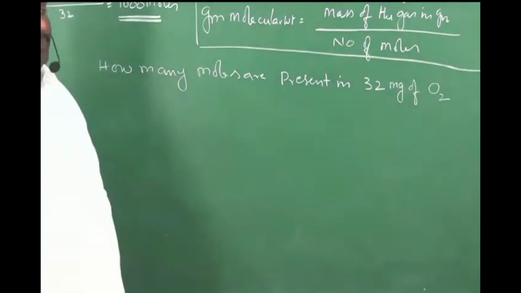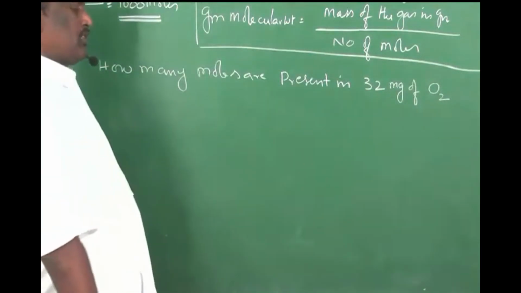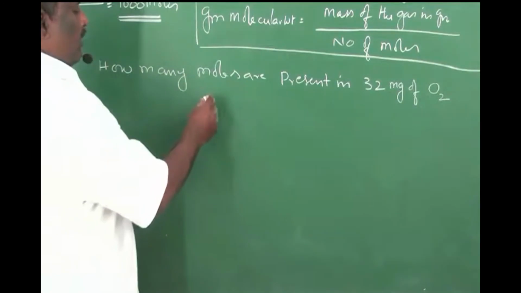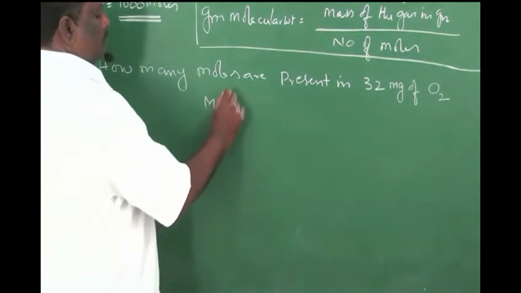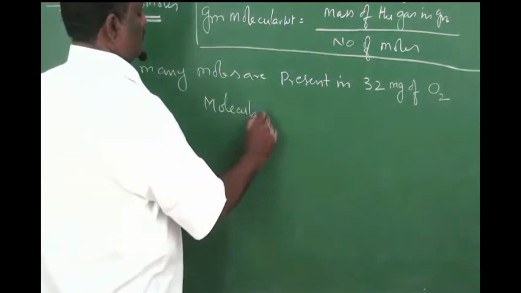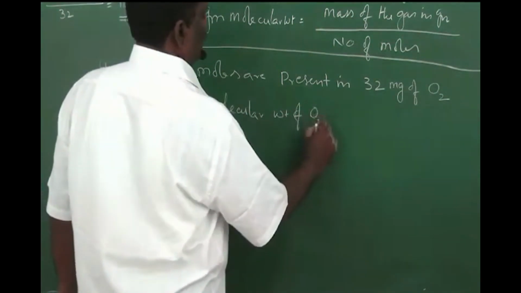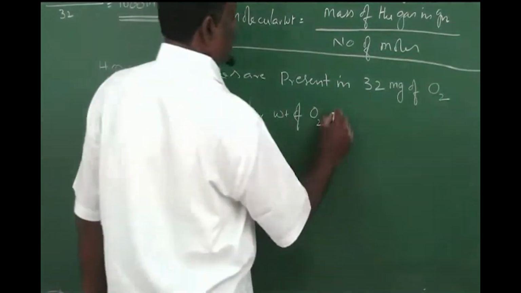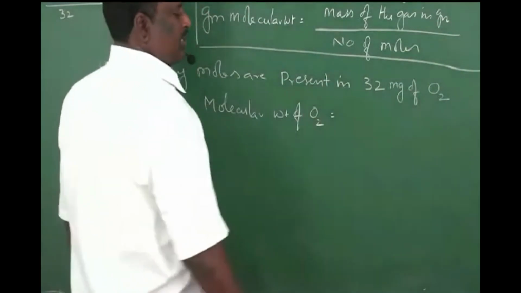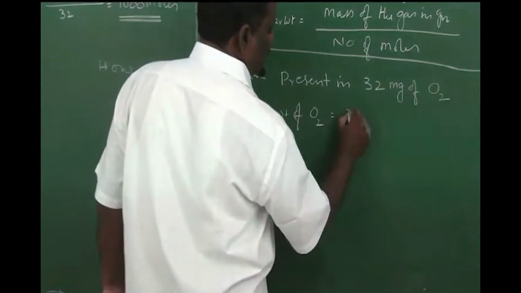Now do this problem. So here also, first thing, molecular weight of O2 is equal to 32.